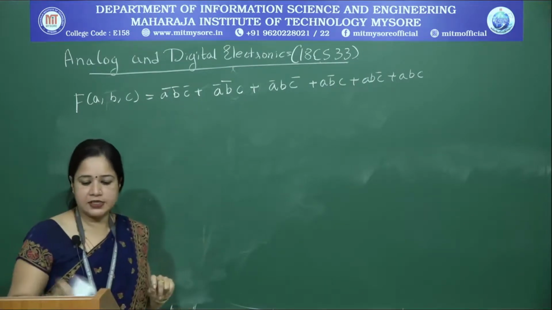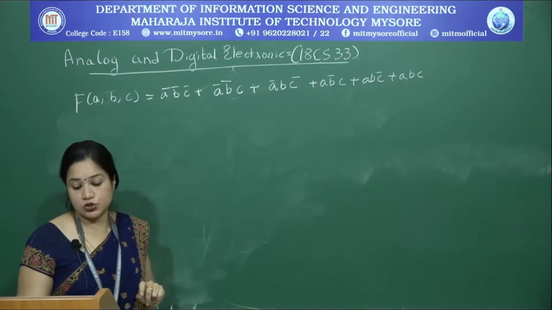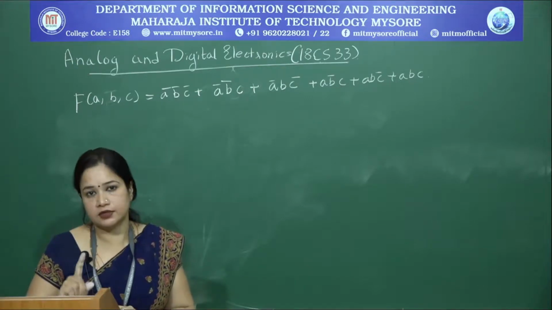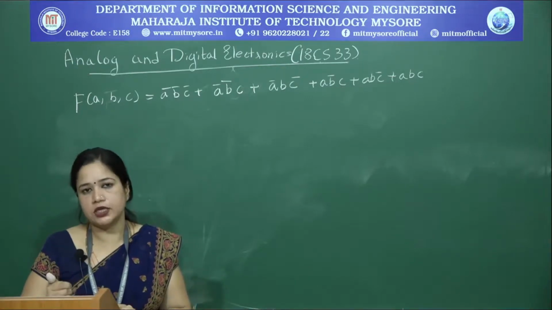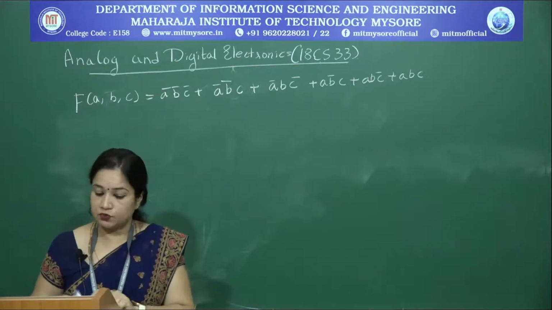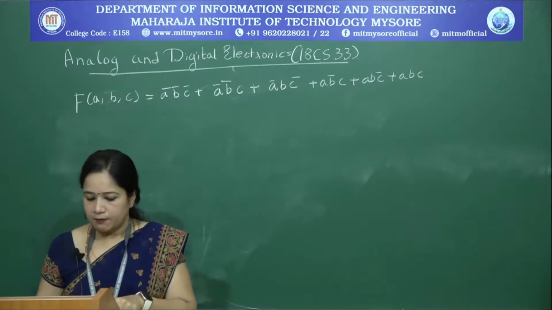The first step is using the uniting theorem, and the second step is to use the consensus theorem. So, we will see what uniting theorem is and what consensus theorem is before actually applying it.